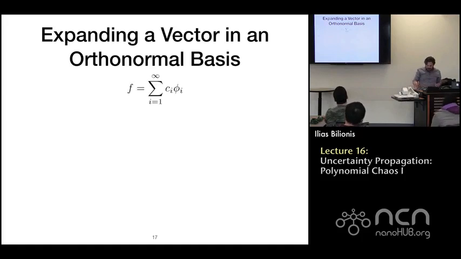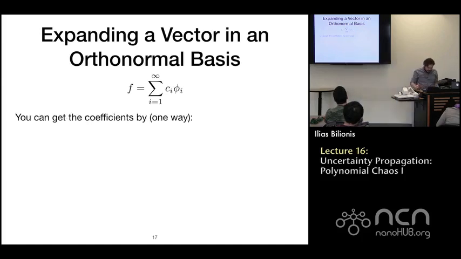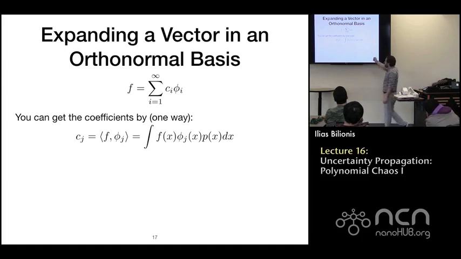Okay, now how do you expand a vector in an orthonormal basis? So you take any function, and as soon as you have an orthonormal basis, you can write it as a linear combination of the basis functions. And one way to get the coefficients is to do this dot product.